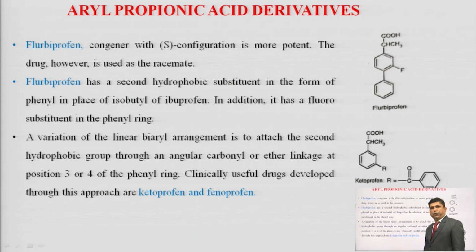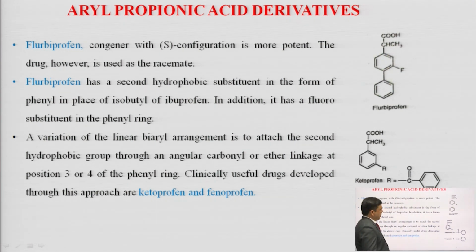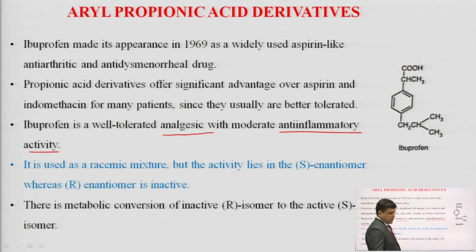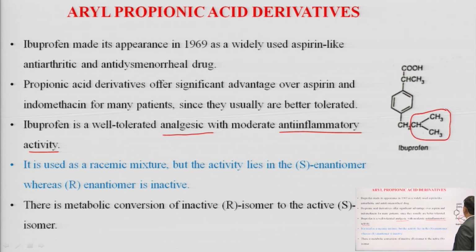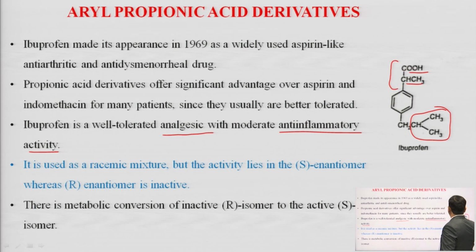Next is flurbiprofen. In ibuprofen, there is one isobutyl group and CH3COOH, the aryl propionic acid group attached here.